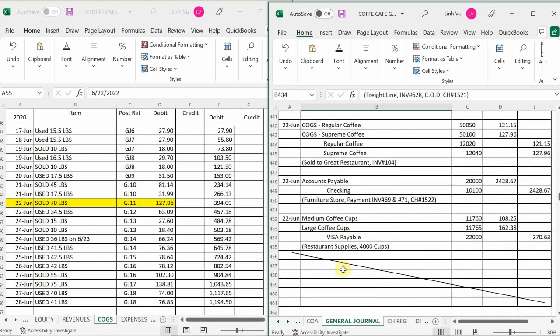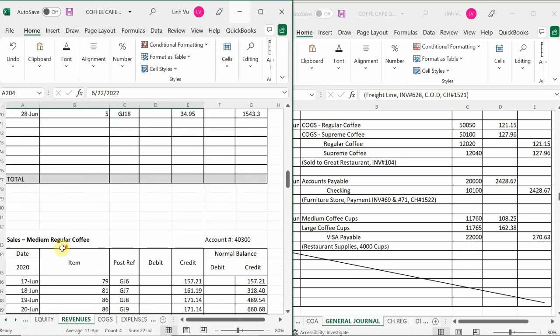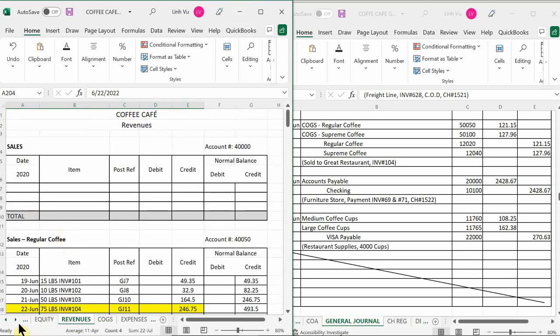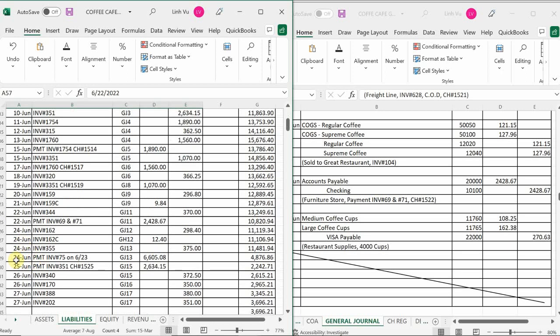Next is going to be the accounts payable and the checking. Oh, wait, hold on. I paid for this one, right? Accounts payable and checking.